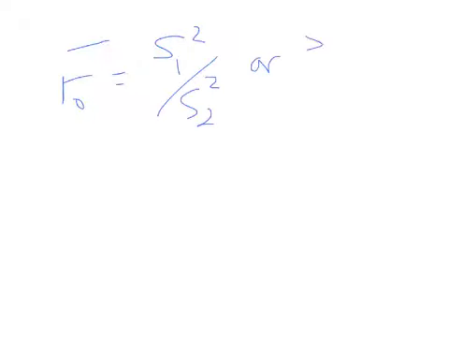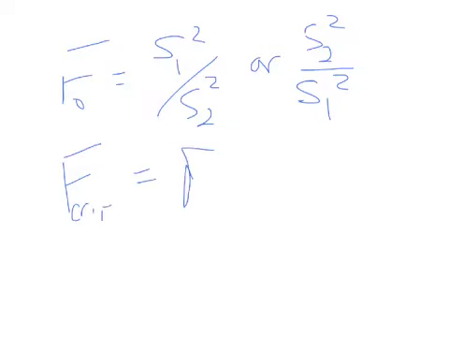So just keep in mind that our observed value is just S1 squared over S2 squared, or S2 squared over S1 squared, and it all depends on which one is larger. But the critical value is our F value, alpha over 2, degrees of freedom 1, degrees of freedom 2.